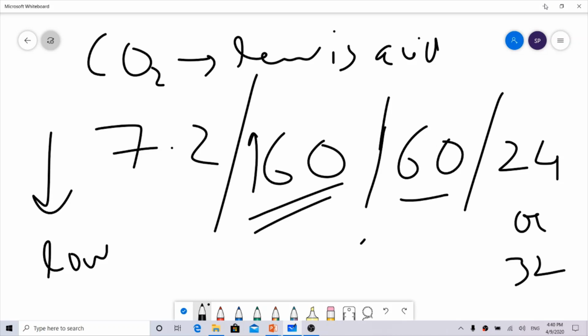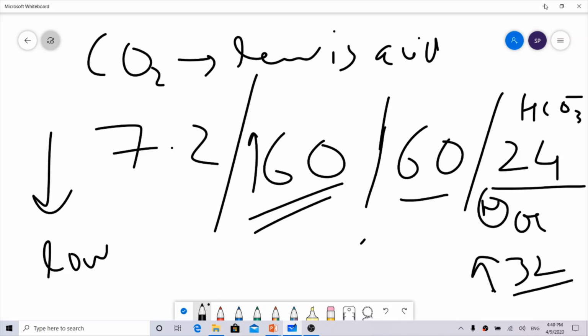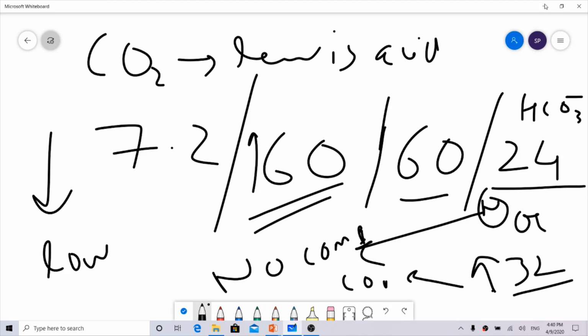Now the important thing is the bicarb. Here you can see it could be either normal or increased. If it is normal, then no compensation has occurred. If it is increased, then what is happening is compensation.